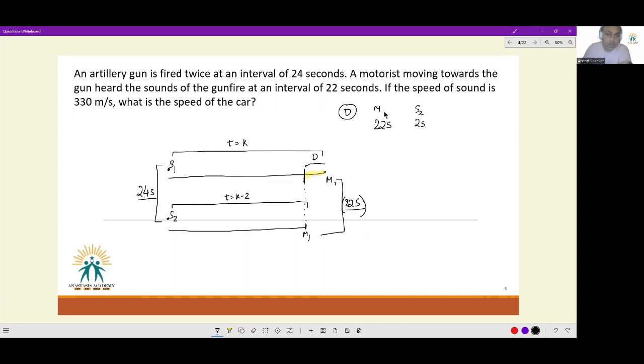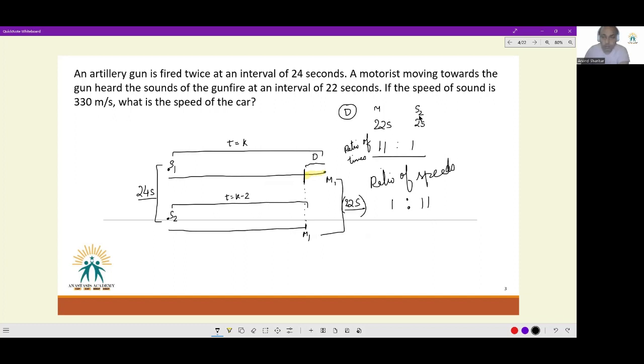For the same distance, the time taken by the motorist and the sound is in the ratio 11:1. This is the ratio of times, so the ratio of speeds will be the inverse of this. It will be 1:11. Speed of motorist and speed of the sound is going to be 1:11.